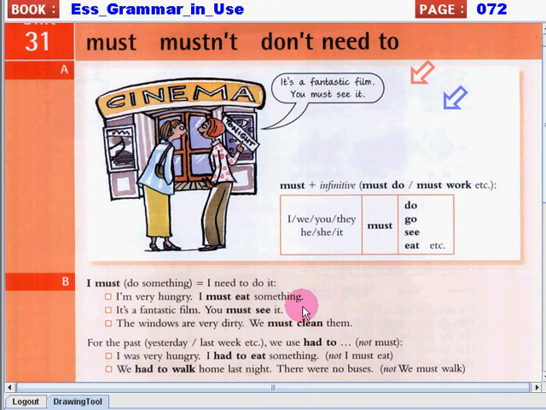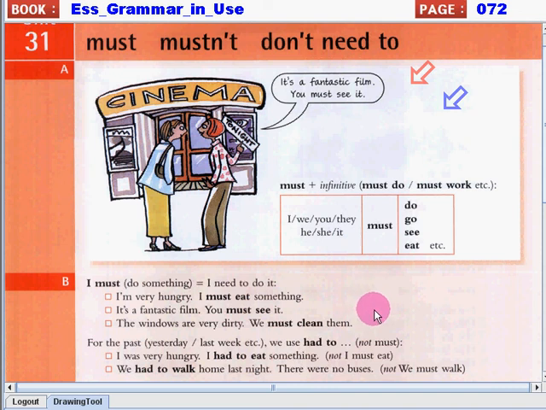It's important, or the other person needs to see the film because it's very good. Next, the windows are very dirty. We must clean them. Here, because the windows are very dirty, then it's needed. You have to, or it's important for you to clean the windows because they are very dirty.